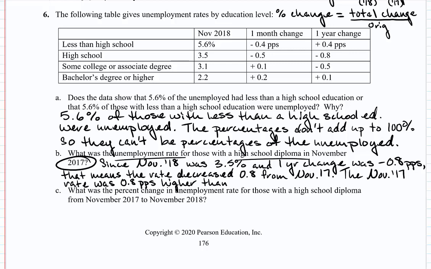If it decreased from 2017 to 2018, it was higher in 2017. So think about that carefully. What does that mean the rate must have been in November 2017?